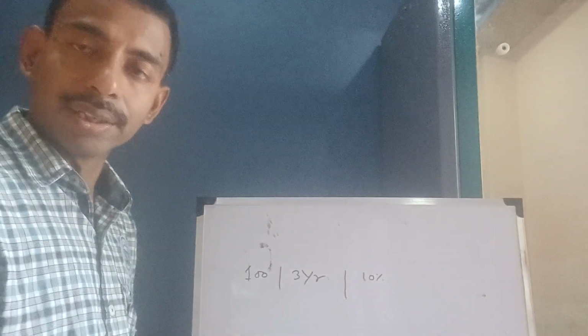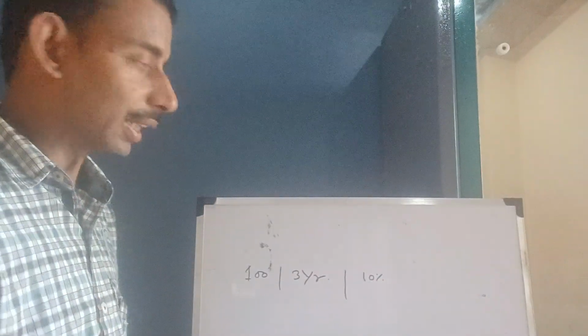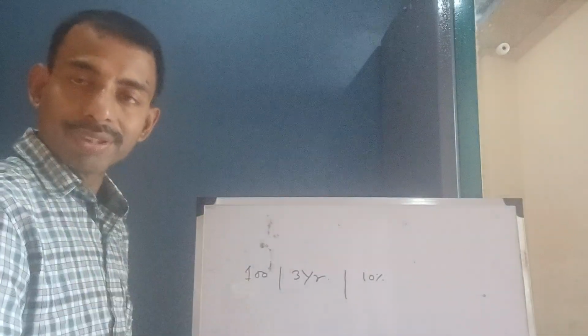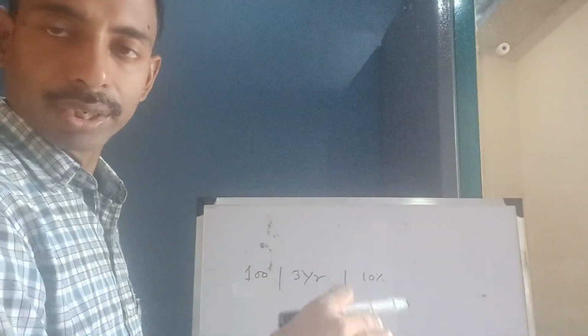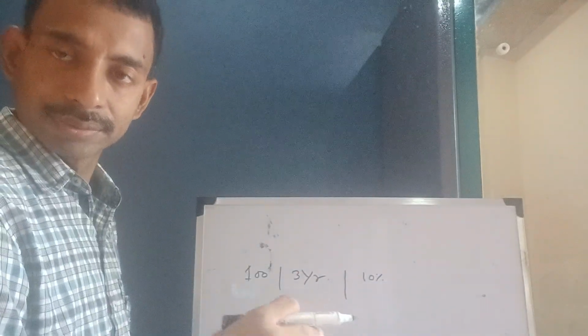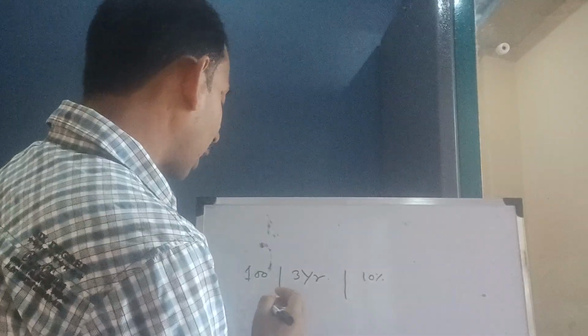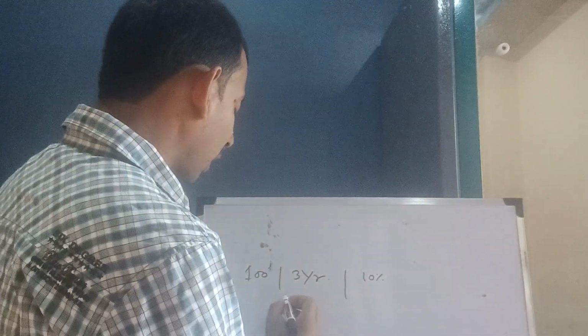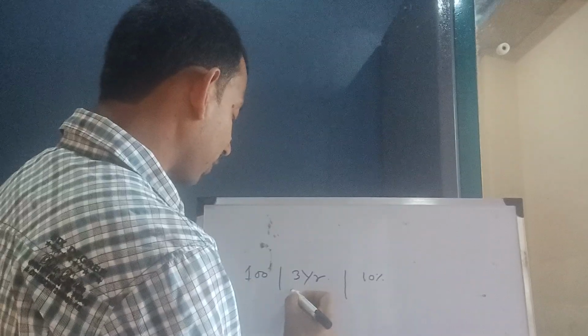So we are assuming that if nothing is mentioned, the amount is accumulated or compounded once in a year. After 1 year, the amount is compounded. So after 1 year, how much interest would you get? 10%, that is 10 rupees.